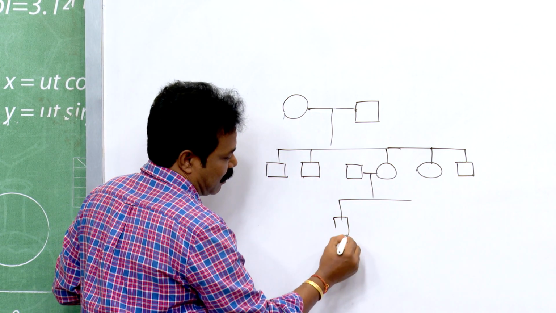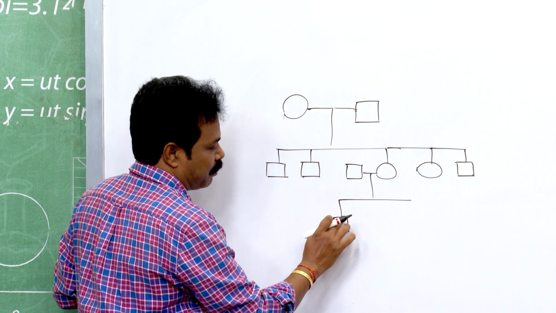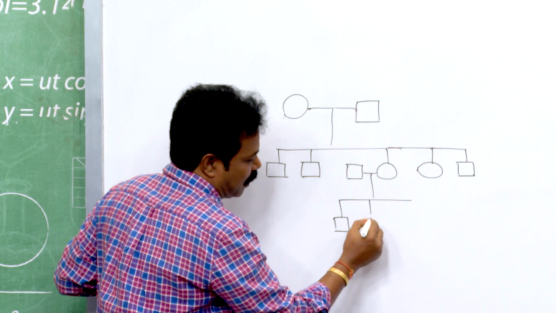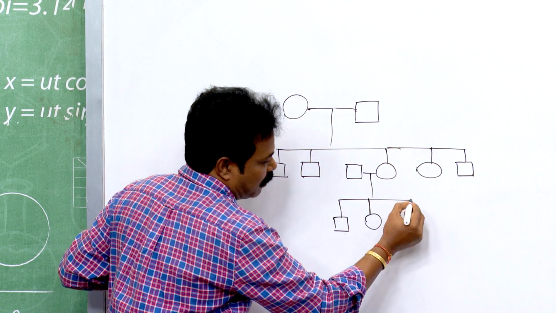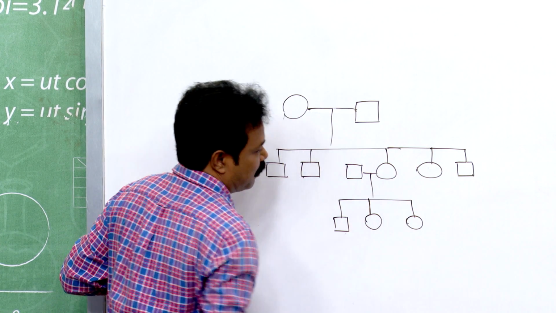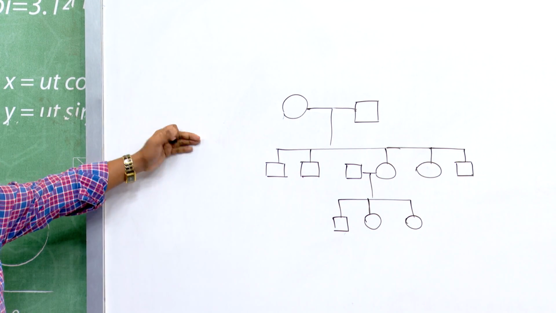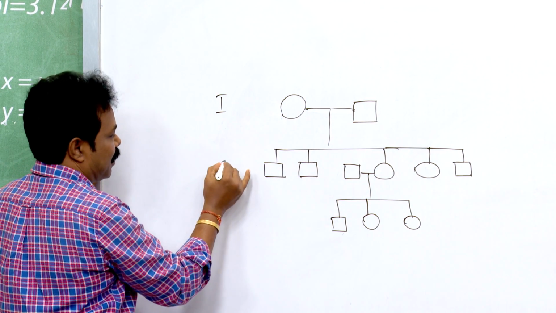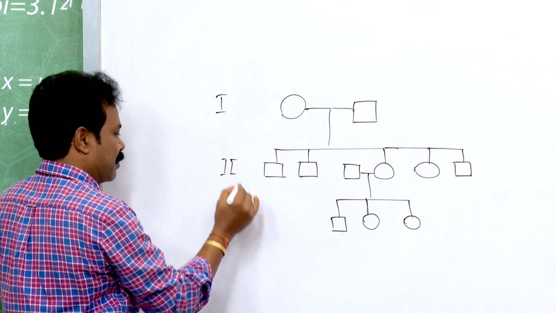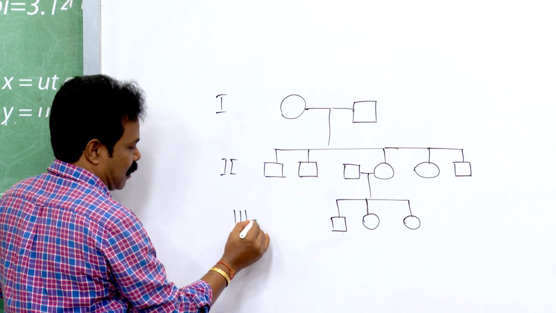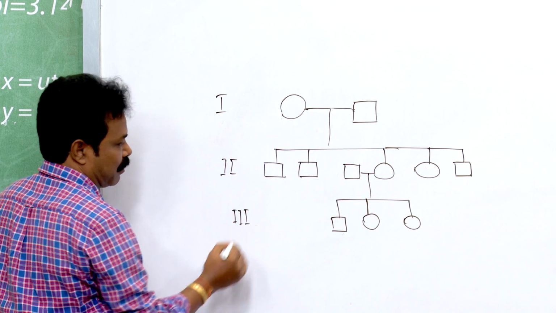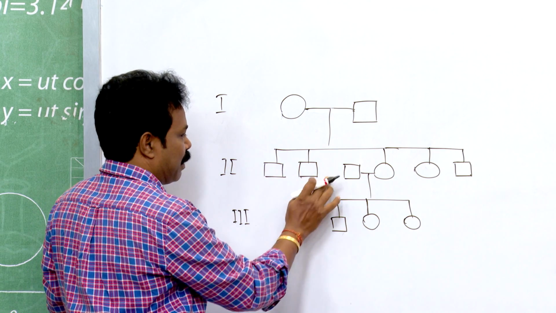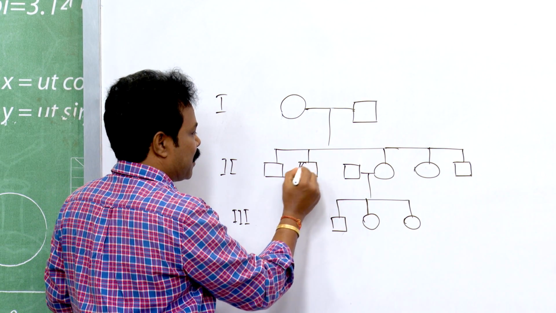Suppose son, daughter, daughter. This is the pedigree chart. This is the first generation, second generation, third generation. The affected individuals are darkened.